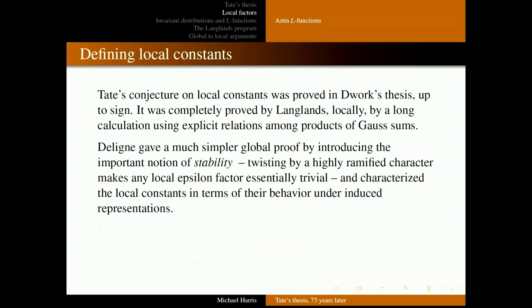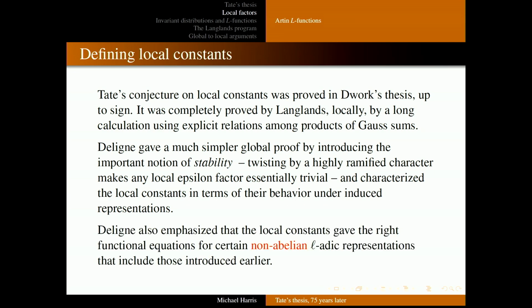Deligne soon gave a much simpler global proof by introducing the important notion of stability, which means if you twist by a highly ramified character, any local epsilon factor becomes essentially trivial. And then he characterized the local constants in abstract terms, essentially in terms of their behavior under induced representations.